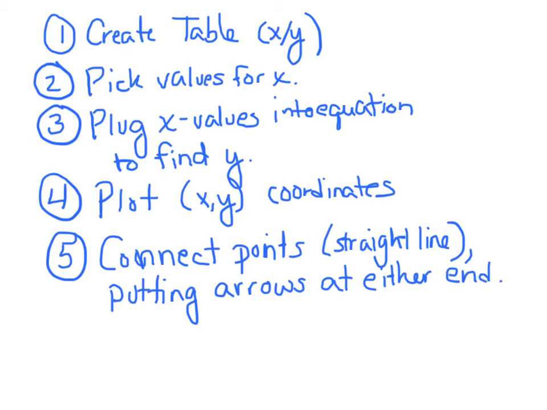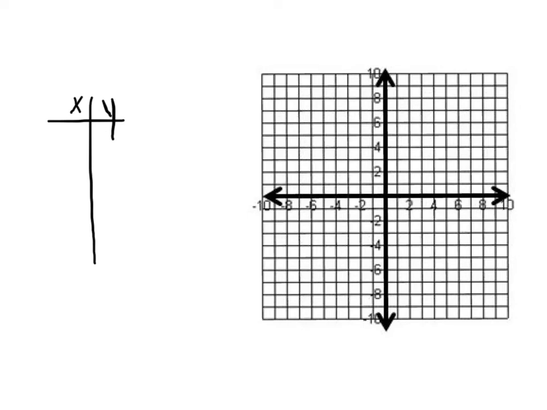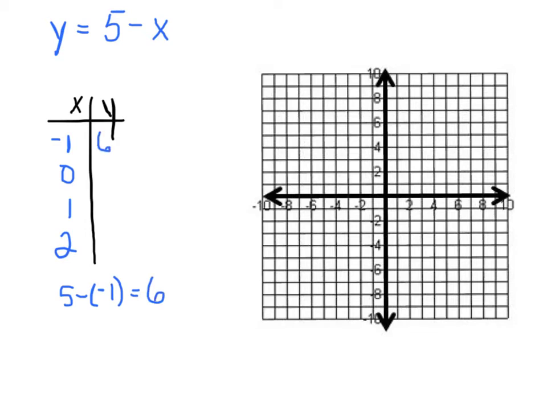So let's take one more example. Let's let y equal 5 minus x. So let's let x equal -1, 0, 1, and 2. Chosen at random. In general, you should have 4 points. Well, if I take -1, 5 minus a -1 will give me a positive 6. 0, 5 minus 0 would give me 5. 5 minus 1 would give me 4.